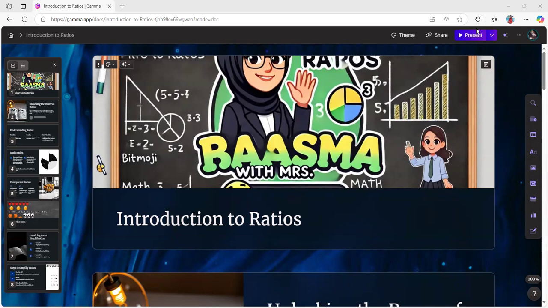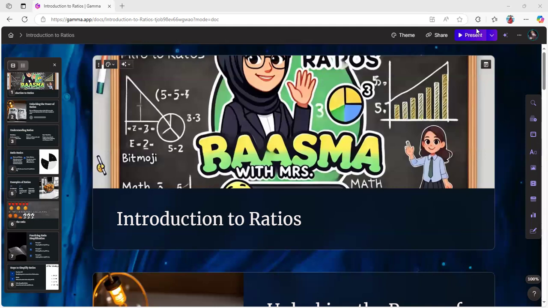Now, we will take a lesson for ratio. Okay, ratio is a fraction. Ratio is a simple form of comparing between two quantities. We will know everything around ratios in real life.